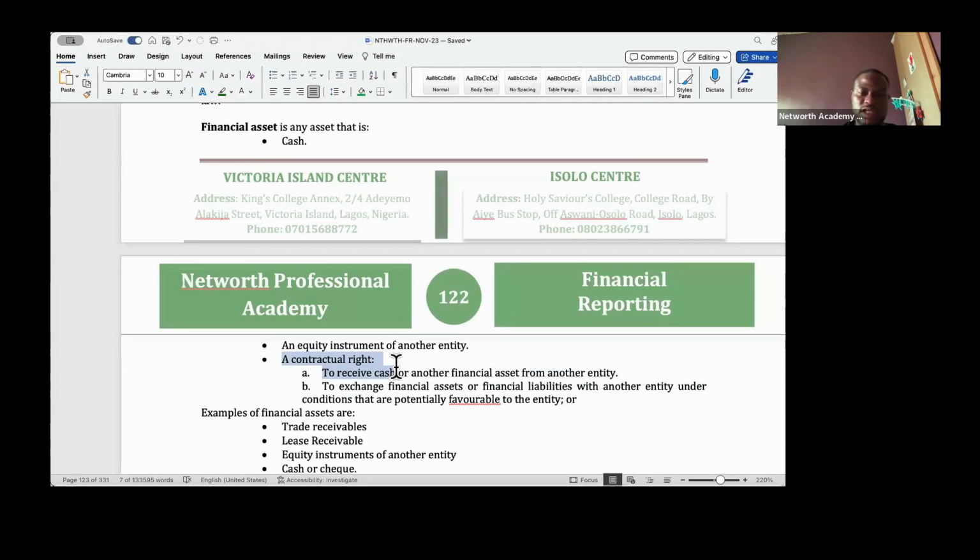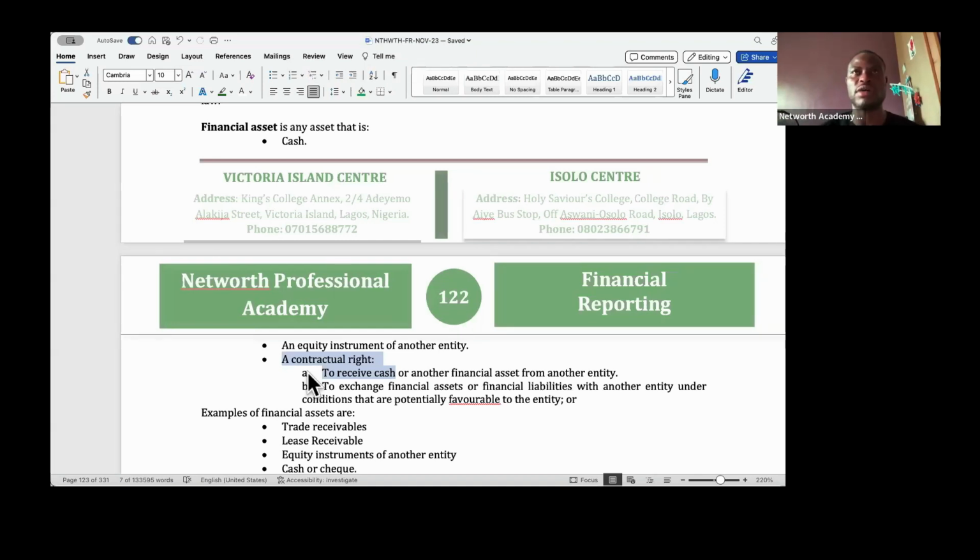A contractual right to receive cash means that at a specific date, you have to receive it. And if you don't receive it, since it is contractual, you can sue. You can enforce lawfully that you receive it. And what popularly gives somebody a right to receive cash is if you lend people money. When you lend somebody money, you have a contractual right to receive cash because the person must pay you back.